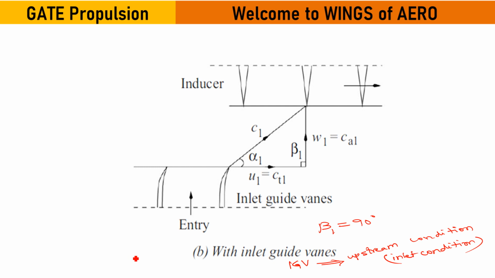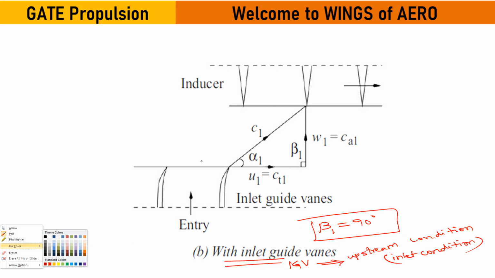So in the without condition, without IGV, the alpha 1 is 90 degree, and here with inlet guide vane the beta 1 equals 90 degree. Remember these tricks.